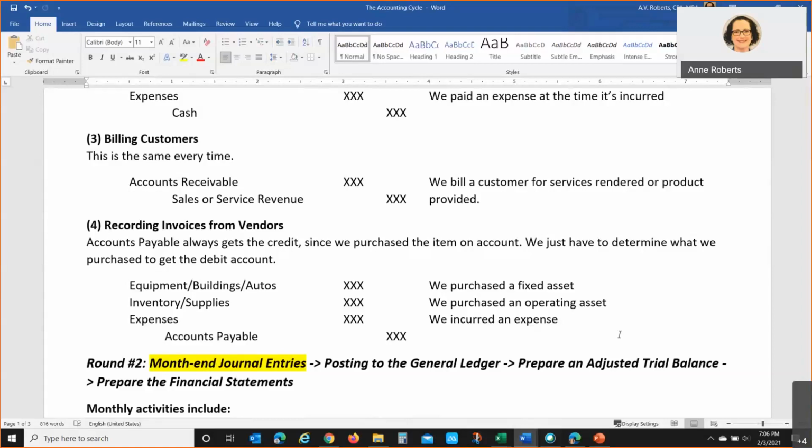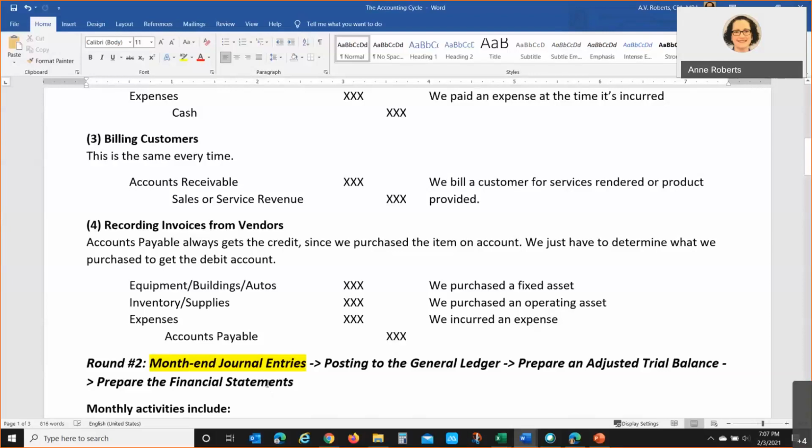When we buy supplies, we throw them in the supply closet. So if we bought $500 worth of supplies, we put all $500 in the closet. If somebody walks back in there at the end of the month and says there's only $300 of supplies left in the closet, we had to have used $200 worth of supplies, right? Right, that makes sense. Okay. So that process is going to happen down here under round 2.